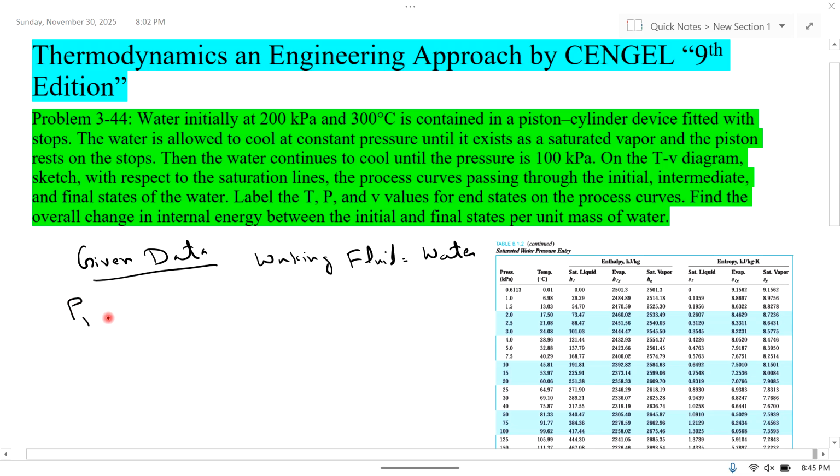So the initial pressure P1 is equal to 200 kilopascal and T1 is equal to 300 degrees centigrade. It is contained in a piston cylinder device fitted with stops.